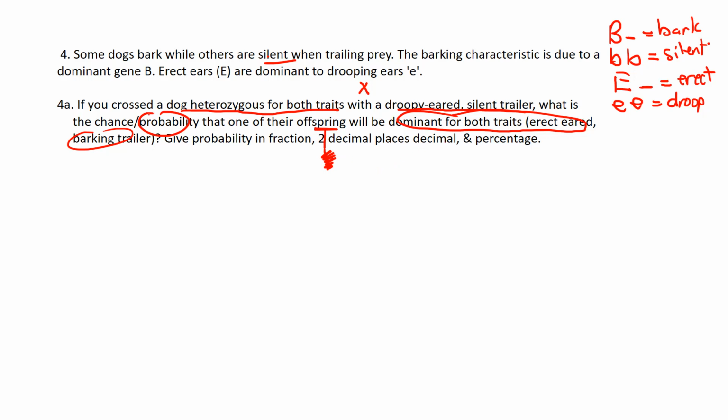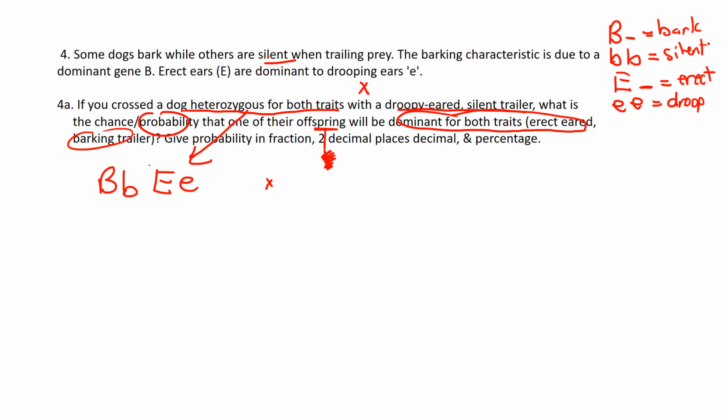So let's put the genotype. If you have a dog that's heterozygous for both traits, capital B, little b, capital E, little e, that's this parent. And remember with a dihybrid, you're getting both these traits in there, crossed with a droopy. Now I'm going to put my E's last in this case, even though they're asking for droopy here. You just want to keep it consistent, otherwise it makes interpretation much easier.